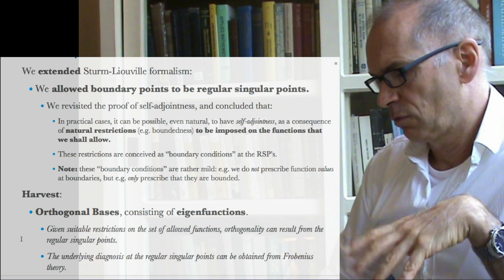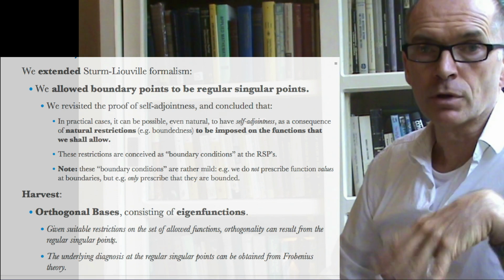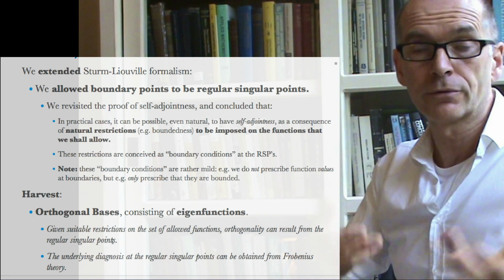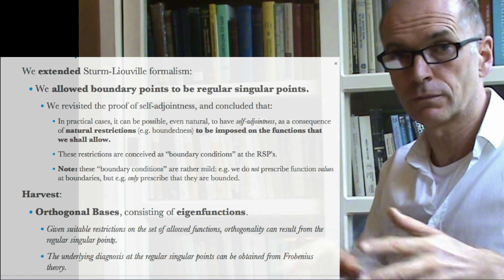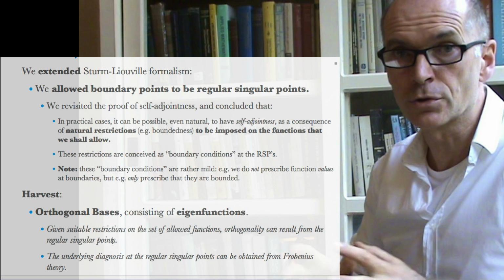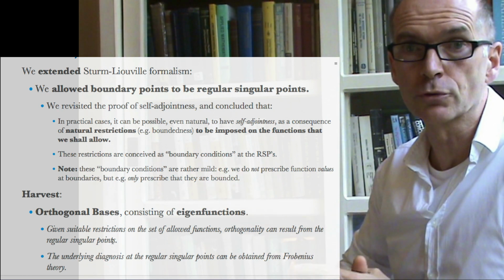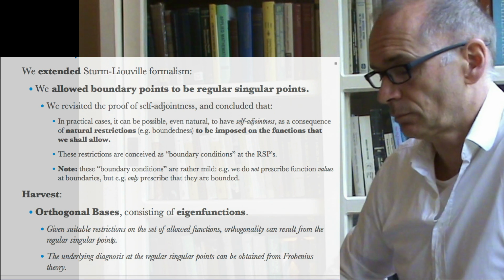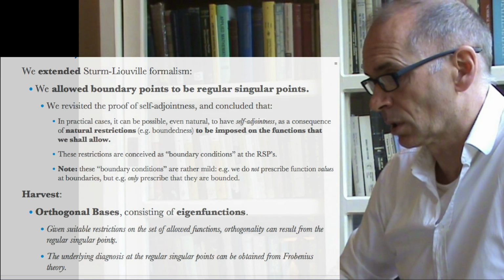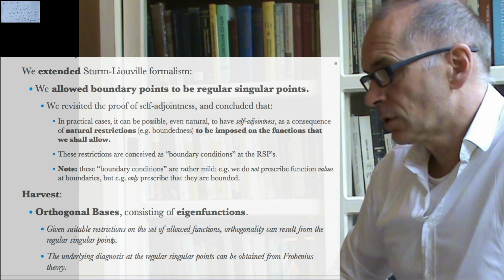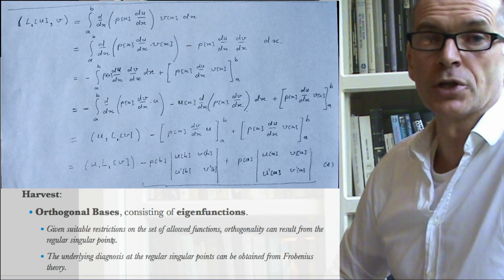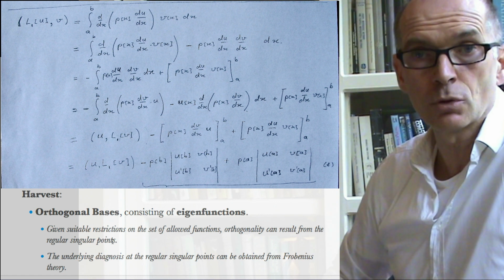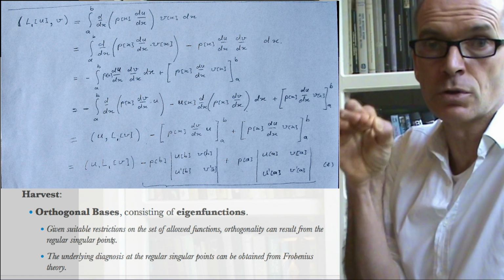Now, as I mentioned, given suitable restrictions, for example, the functions that we want to work with, as we did in the thought exercise, we want to have finite functions that are in the span of the polynomials. Given that restriction, the orthogonality itself really comes from the regular singular points, because those are the points where the coefficient function p is zero.